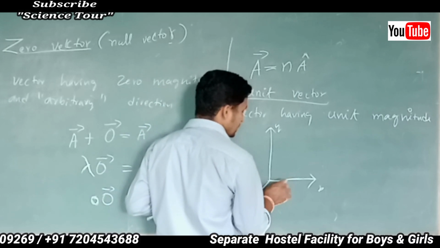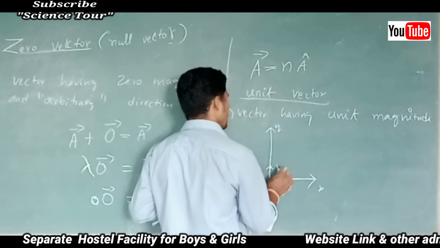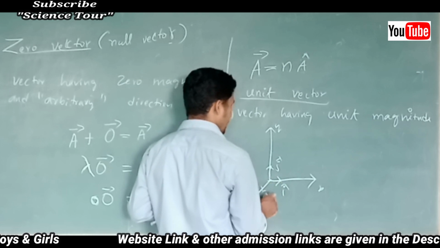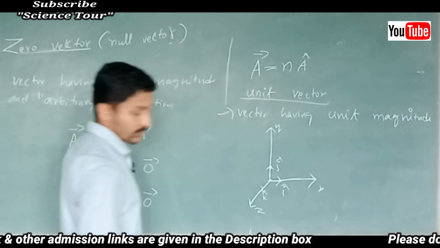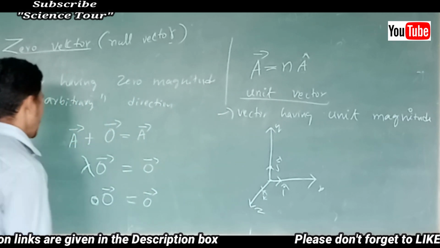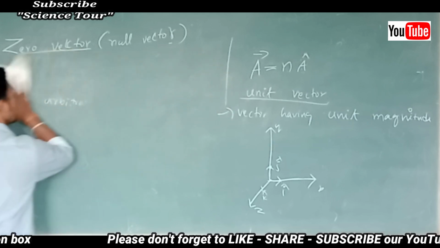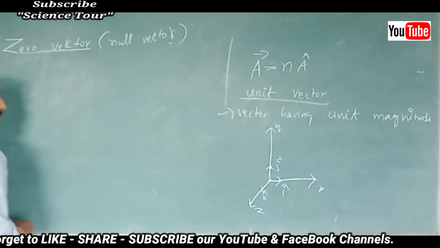In the x-axis we have i cap as the unit vector. In the y-axis we have j cap as the unit vector. In the z-axis we have k cap as the unit vector. Unit vector means unit magnitude, one magnitude.